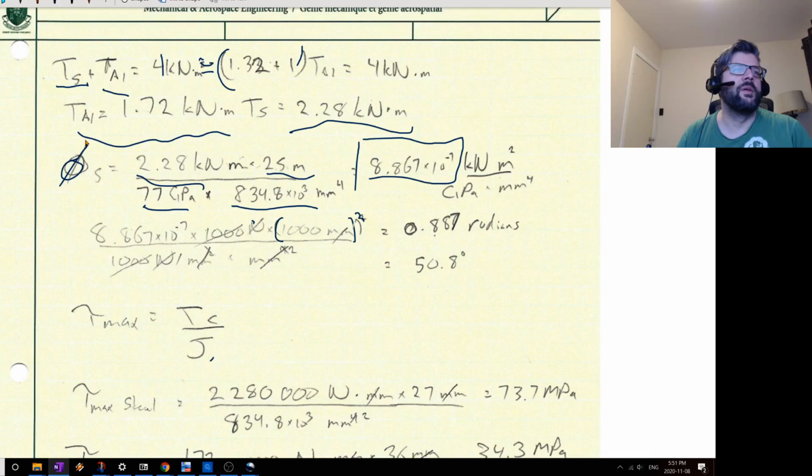Then the millimeters to the 4th cancel out: 2 of them for that, the other 2 for that.